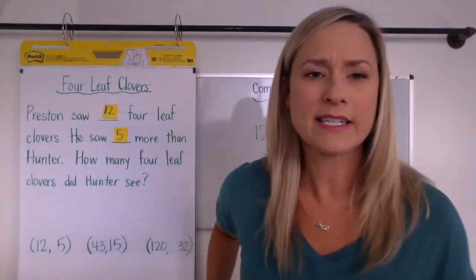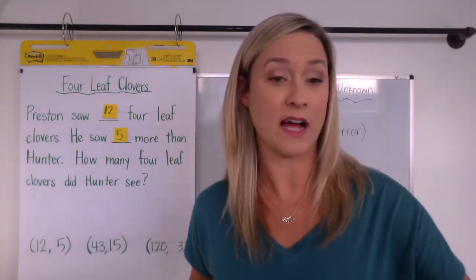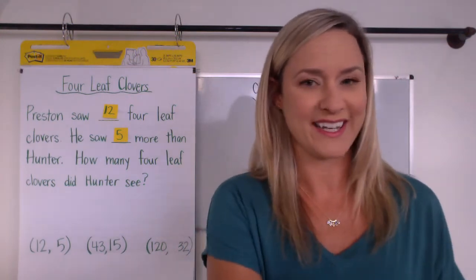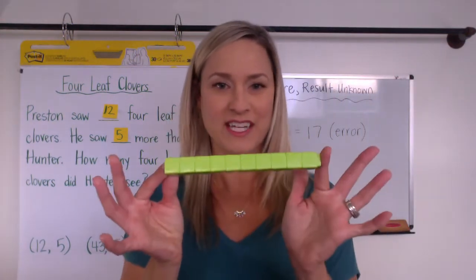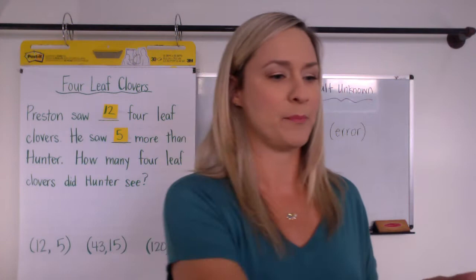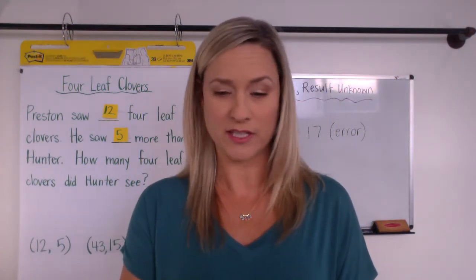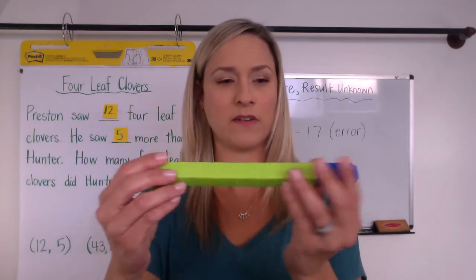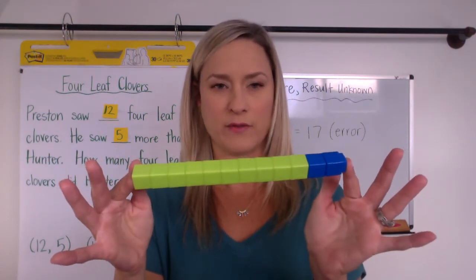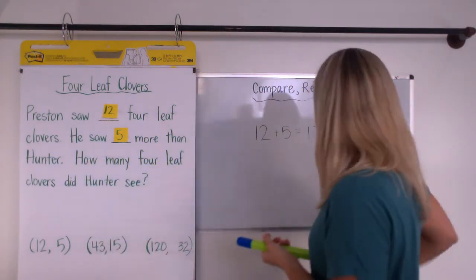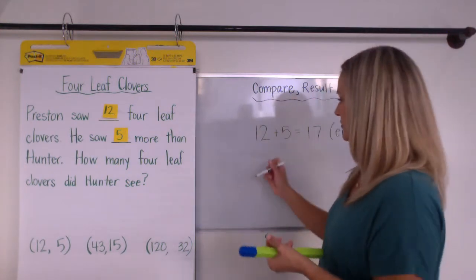All right, the next thing we might think about is having our tools available, right? I always stress the importance of tools. I always have them laid out in tens so that I can quickly make my number. Maybe your child does too. So here's 12. And so I would know that this would be representing Preston, and maybe your child is drawing that out too, right?